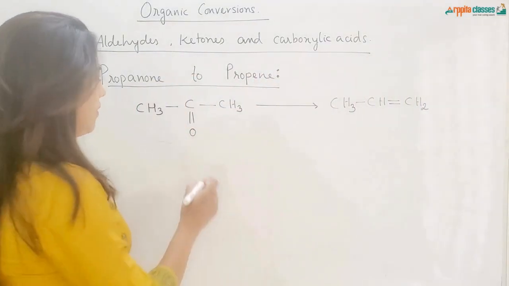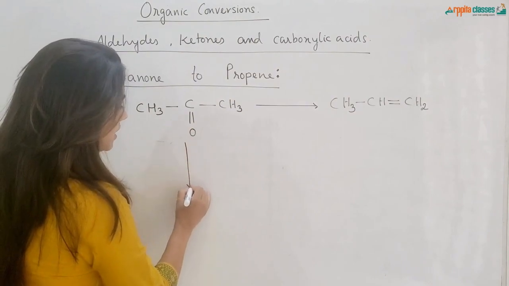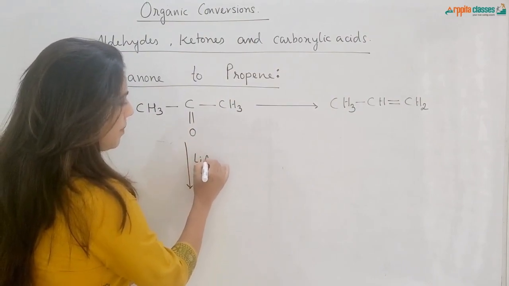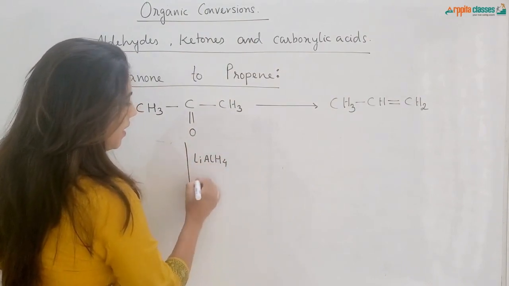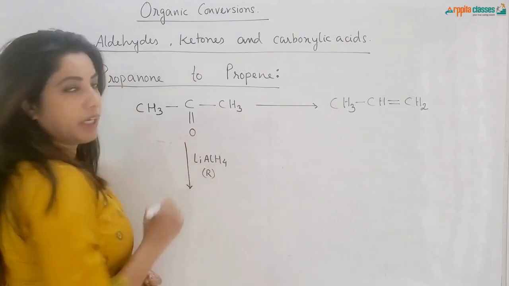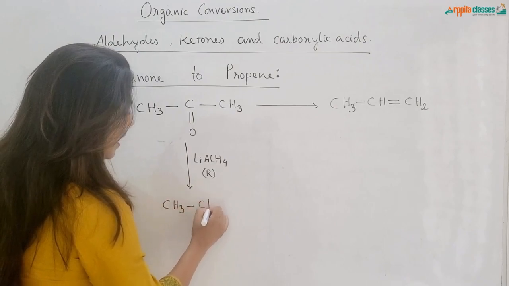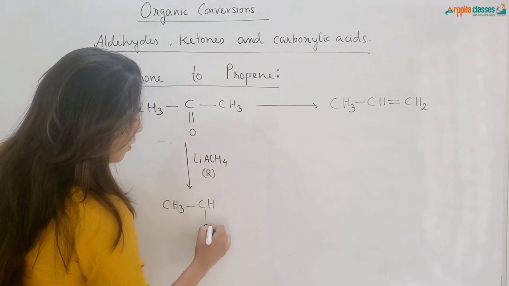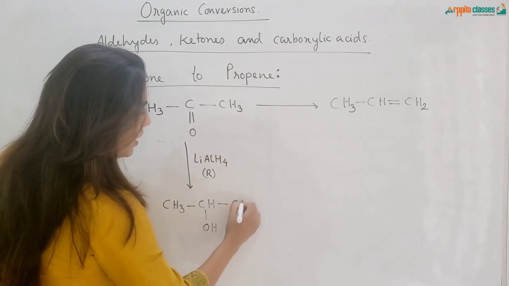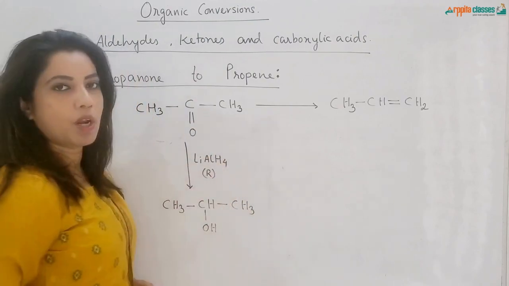Right? So if I reduce this ketone by using lithium aluminium hydride, I will get a secondary alcohol. Everybody knows that reduction of ketone gives secondary alcohol.